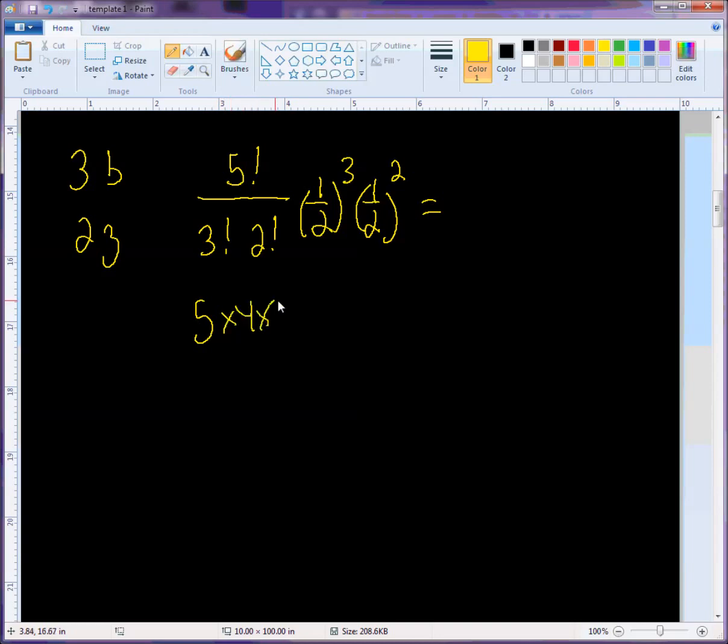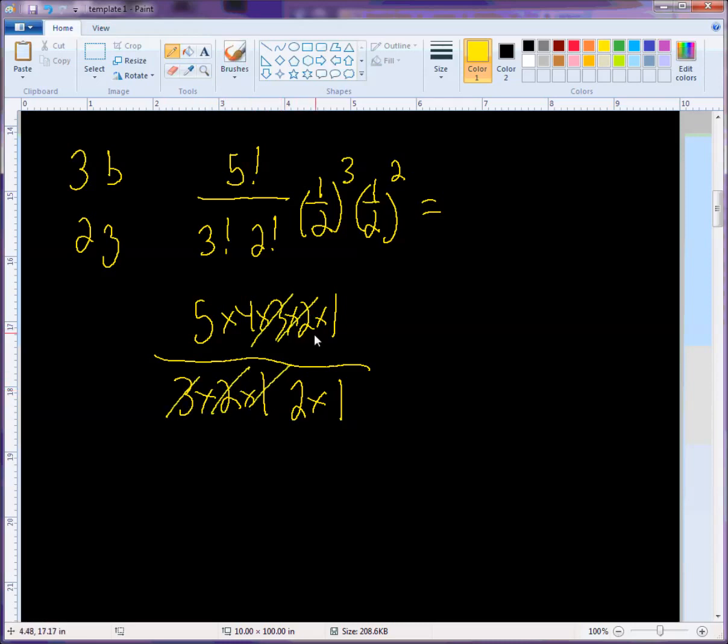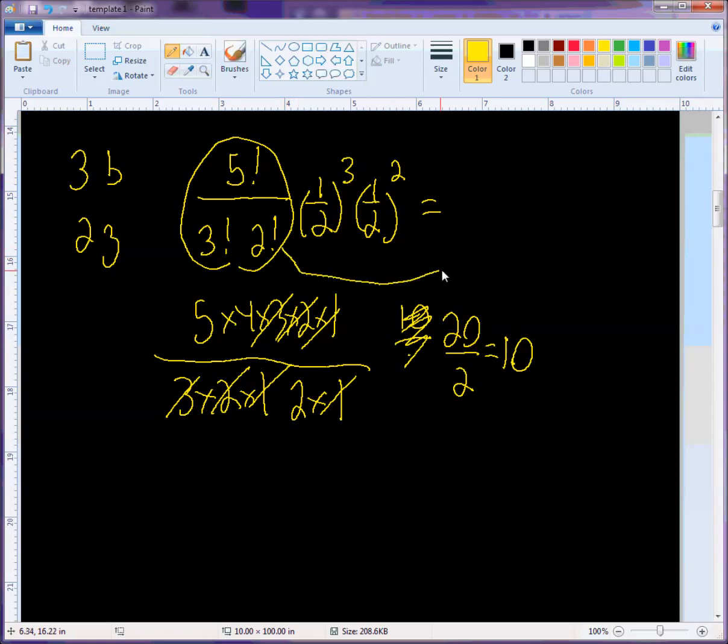5 times 4 times 3 times 2 times 1 over 3 times 2 times 1 times 2 times 1, and we can cancel out some of these, the 3's, 2's, 1's. And then we have 5 times 4 is 20, right? 20 over 2, and that reduces to 10. So this whole thing right here reduces to 10, or solves for 10, however you want to phrase that.